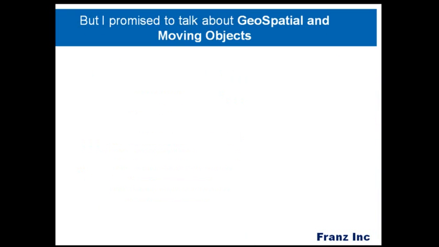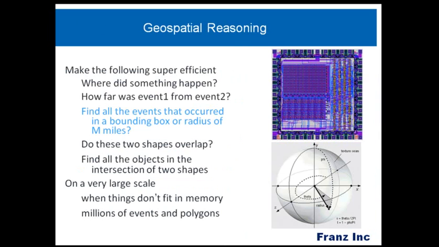All right, so that's all about RDF graph databases, but I promised to talk about geospatial and moving objects. So we've been talking about geospatial reasoning, I think, for the last 5 years. About 5 years ago, we started to add geospatial features to our triple store. And one of the things that we're really good at is proximity search.